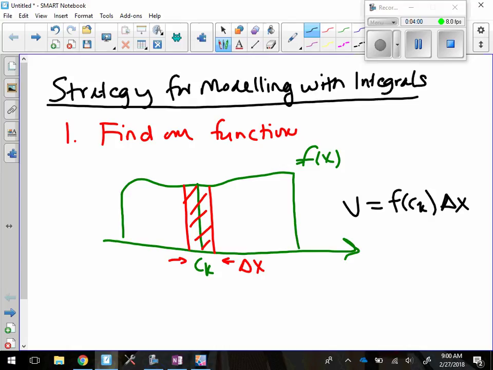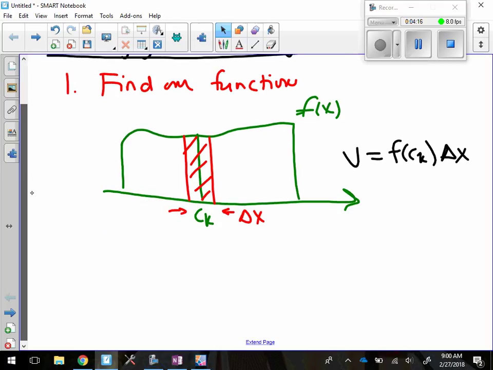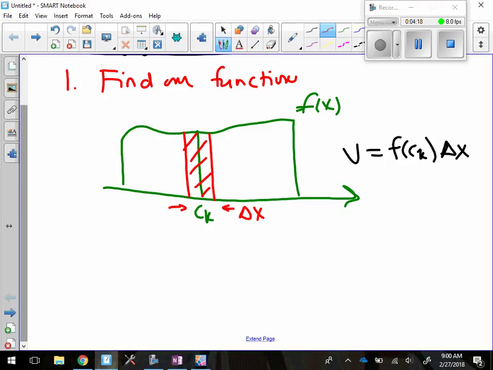And so step 1 is really figuring out and thinking, and it's all those steps where you make sure you understand the problem. It's the step where you write down your knowns. It's the step where you make your find statement. It's the step when you look in your toolbox and you see what kind of tools that you have and find the function. Step 2 is to write the definite integral.